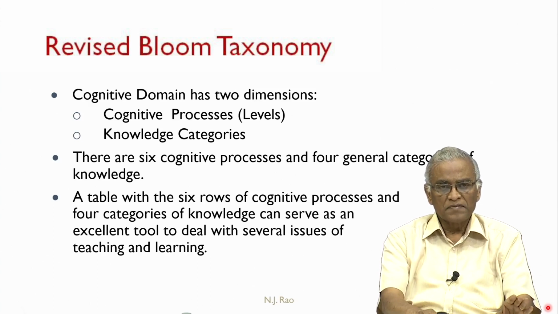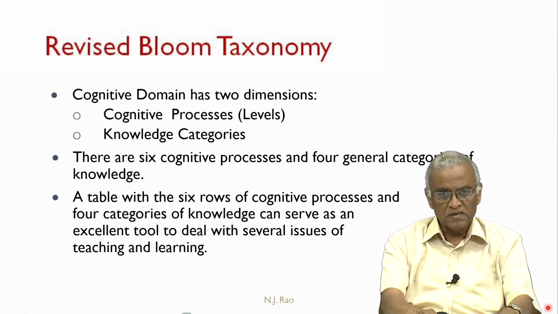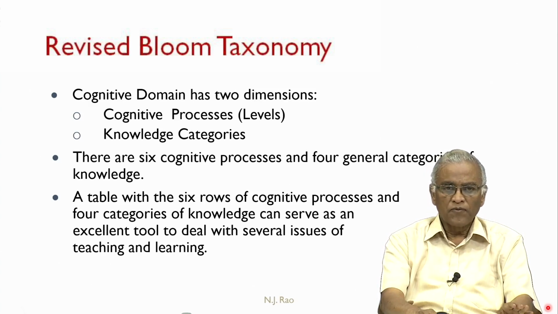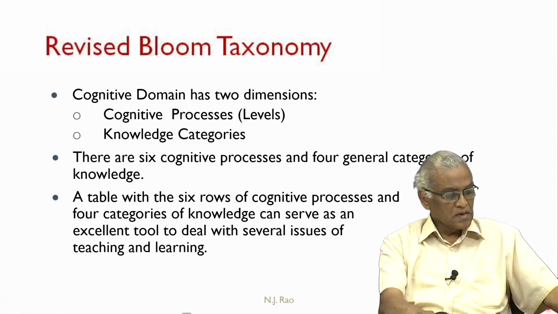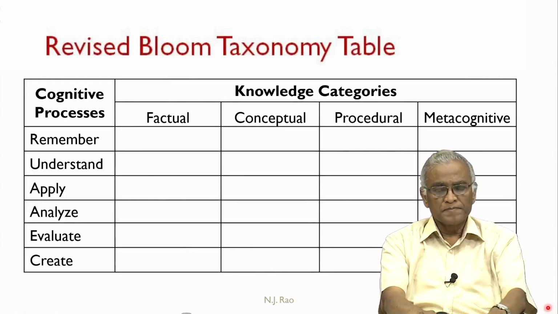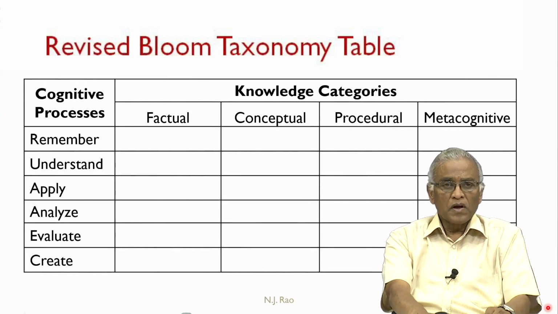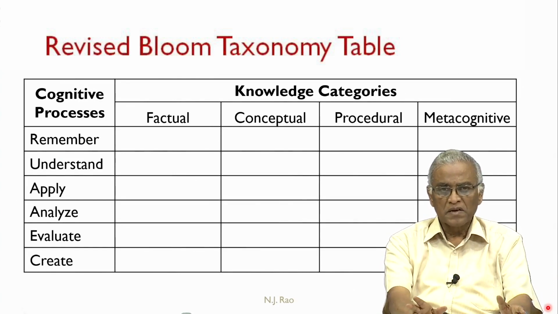This table will have 6 rows of cognitive processes and 4 categories of knowledge, which can serve as a tool to deal with many issues related to teaching and learning. Let us take a look at the table. We call it the revised Bloom taxonomy table.